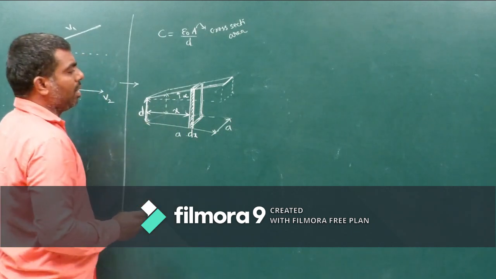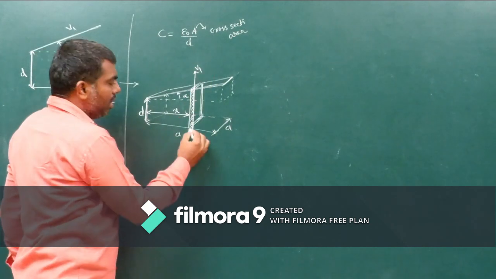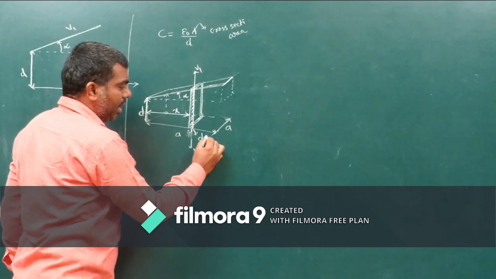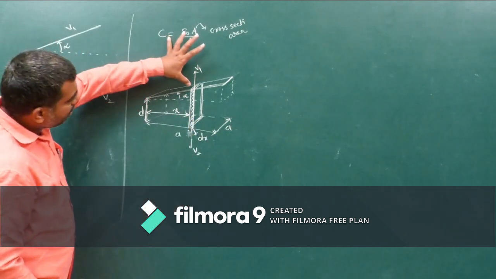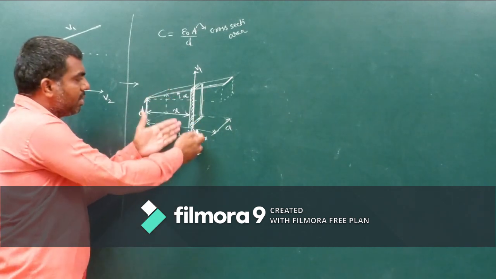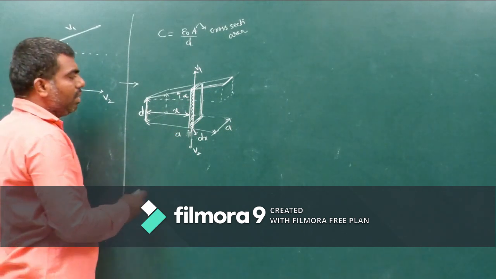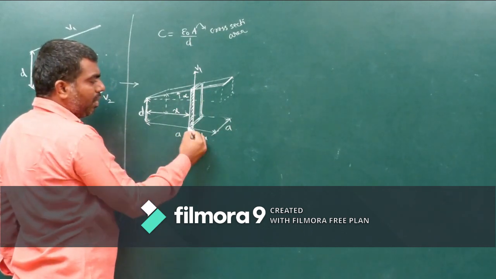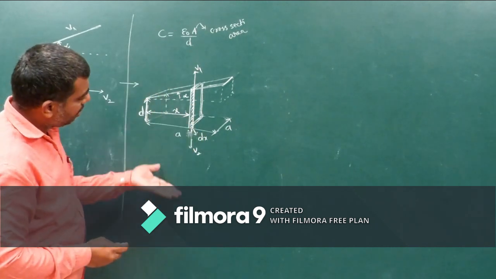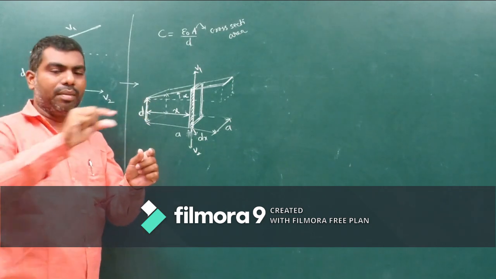Here we have voltage V1, here we have voltage V2. This is the thickness we have taken, dx. This edge is at V1, this edge is at V2, and this is the distance between the two plates. For this smallest capacitor, one plate is here and another plate is here, and between the two plates we have a small layer of dielectric medium.